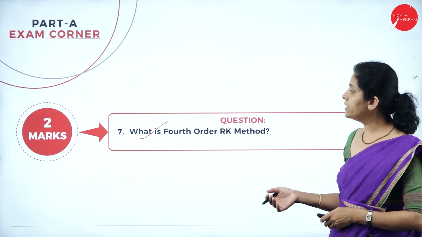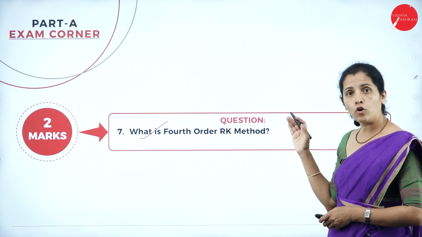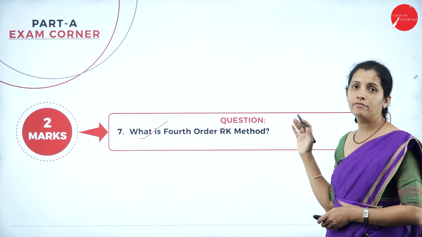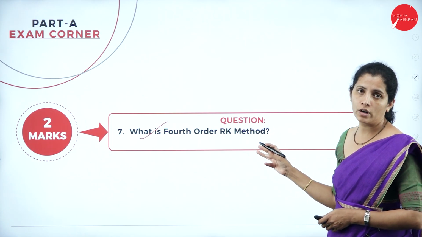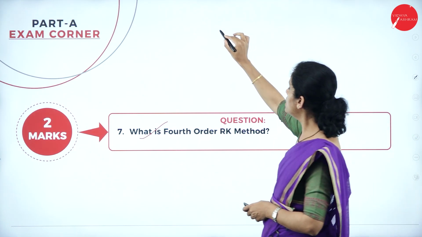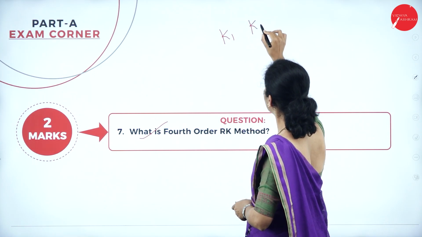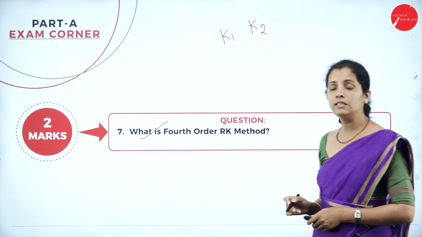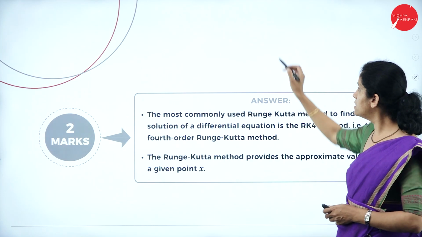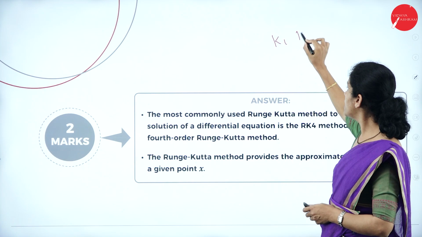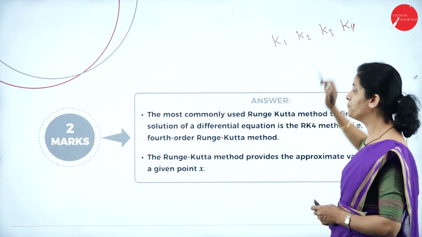So, dear student, if I consider the Runge-Kutta method, according to the syllabus, we have studied second order and fourth order. If I consider second order, I want to consider K1 and K2. If I consider fourth order, then I want to consider K1, K2, K3 and K4.